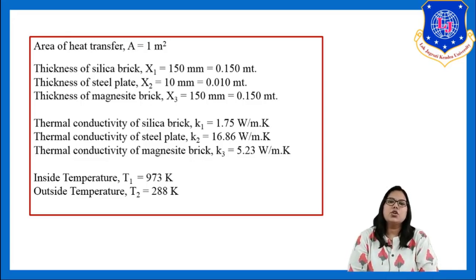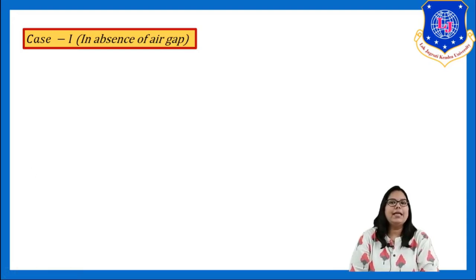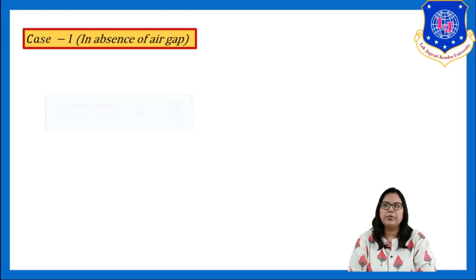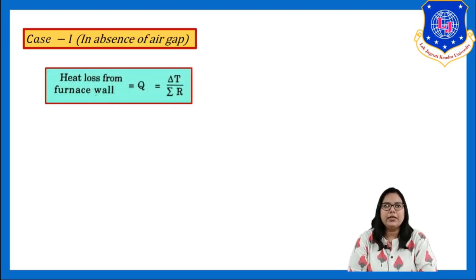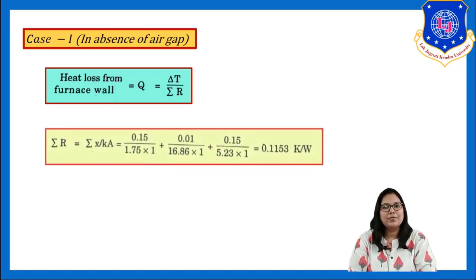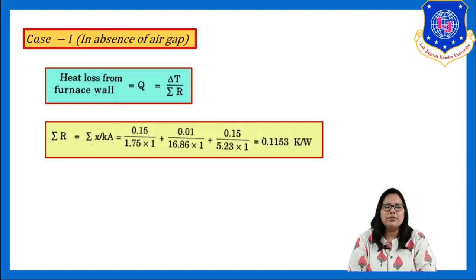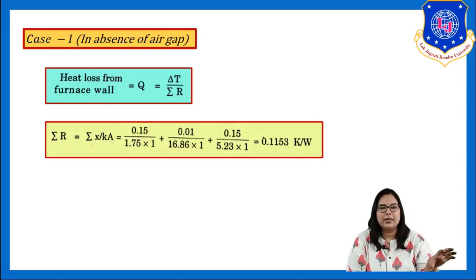Fine. So in case 1, the composite wall without air gap, that is the absence of air gap. For that, heat loss from the furnace wall Q is equal to delta T upon summation of thermal resistance, which we have calculated separately.